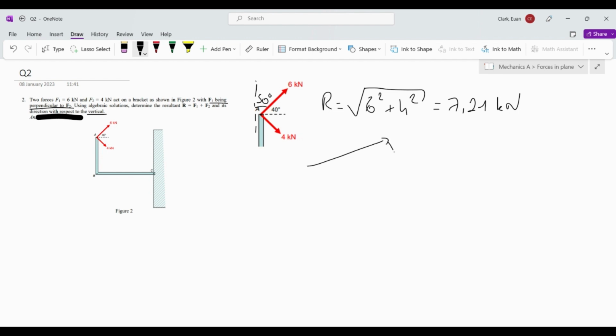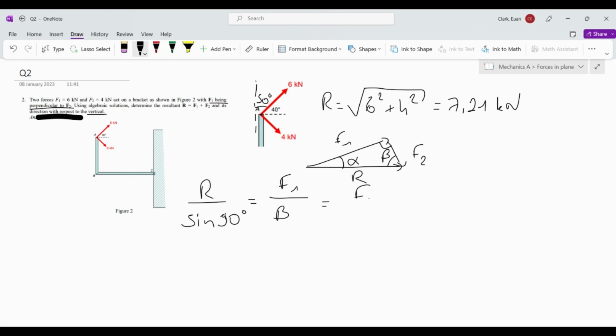Now for the angle, just like before, we're going to have a bit of trigonometry. So this is the 6, this is the 4 kilonewtons, and we have R here. And the same as before with the different angles. If this is F1, this is F2, and this is R, we're going to have the same as before, where R over sine of 90 degrees, this is 90 degrees, so this is going to be 1 again, is the same as F1 over sine beta, is the same as F2 over sine alpha.